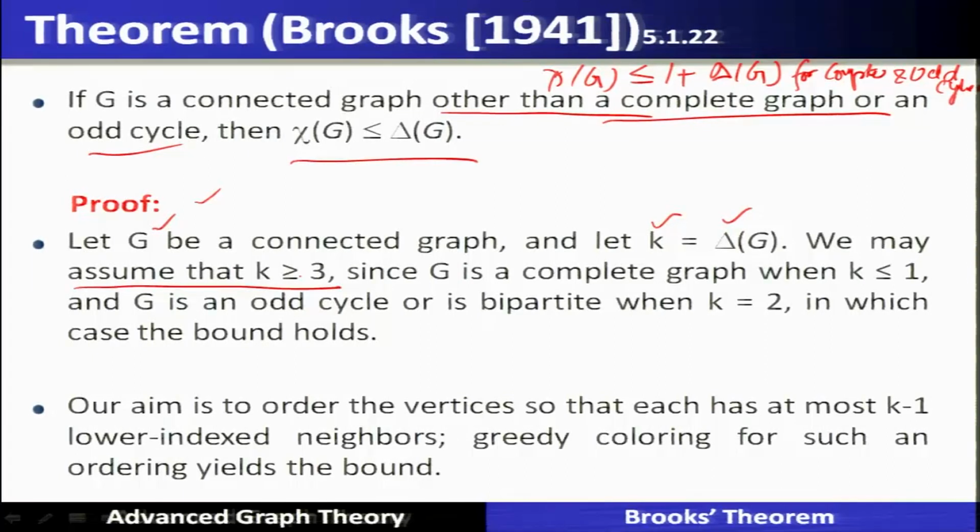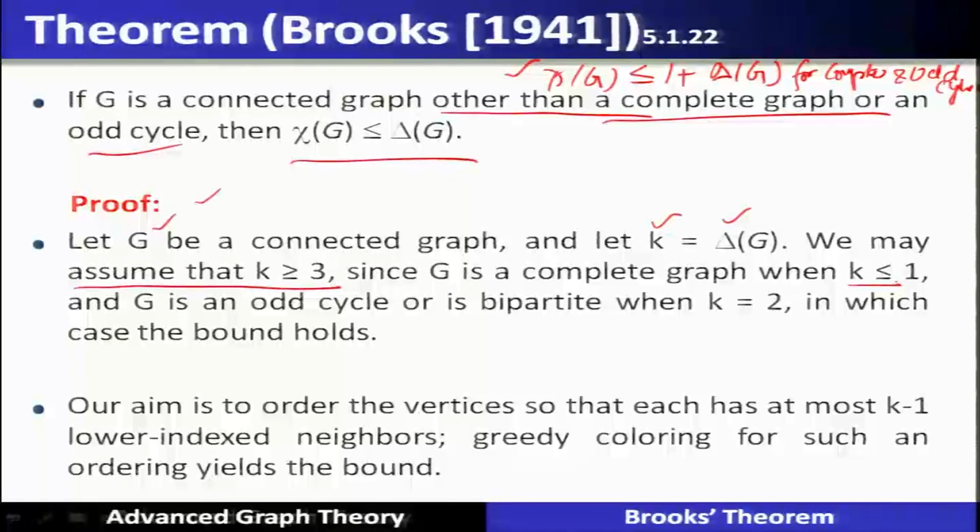Why? Because if it is less than that, then it becomes a complete graph or an odd cycle, where the equation chi of G is less than or equal to 1 plus delta of G is applicable.